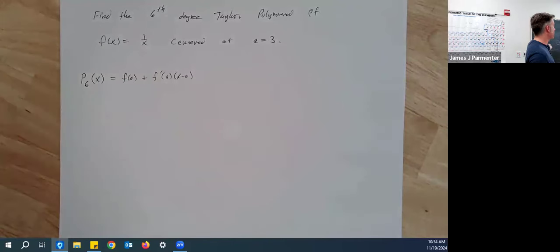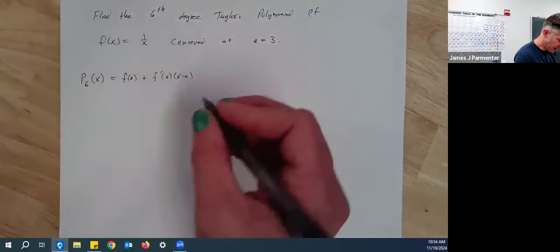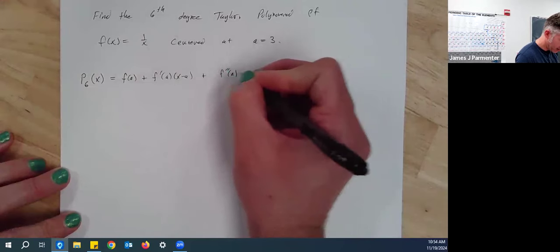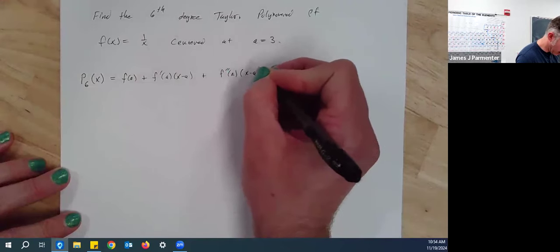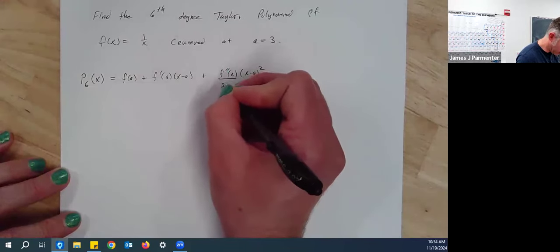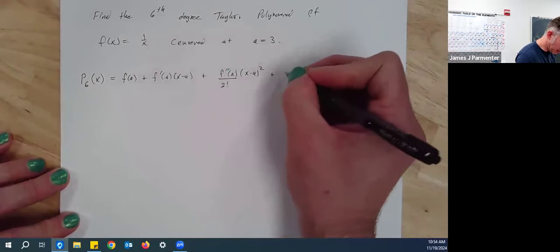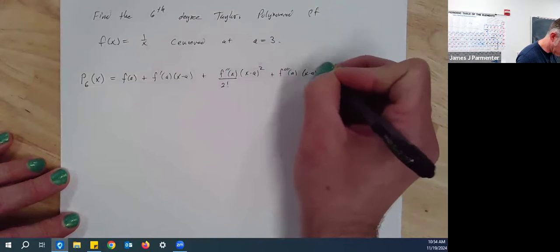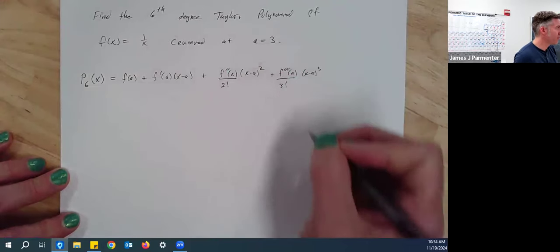And then every subsequent piece, you're just making everything one more, and you're also dividing by something, right? So the next piece is not the first derivative, it's the second derivative times x minus a squared divided by 2 factorial. And the next piece is going to be the third derivative times x minus a cubed divided by 3 factorial.